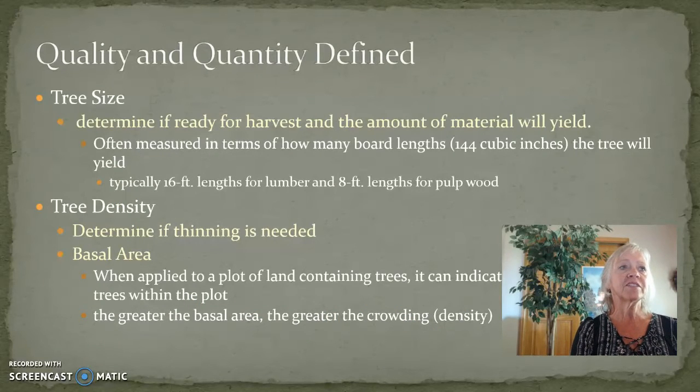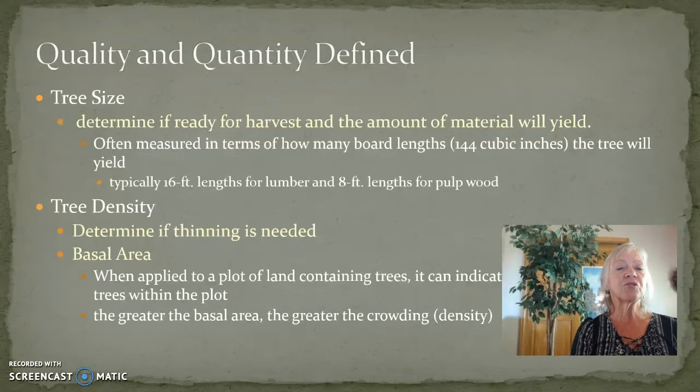Quality and quantity is defined by the size and the density. So tree size determines if it's ready for harvest and the amount of material it will yield. It's often measured in terms of board lengths, 144 cubic inches, or typically 16-foot lengths for lumber and 8-foot lengths for paper and pulpwood.